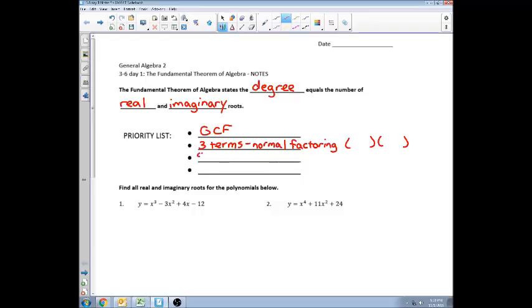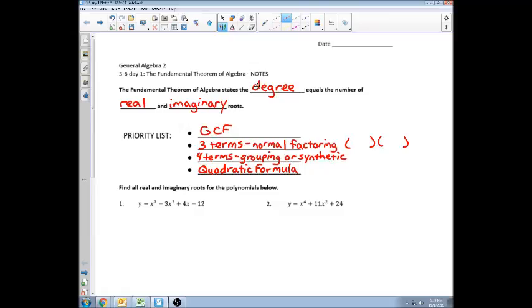If we have 4 terms, we will use grouping or synthetic division. And lastly, if we need to, we use the quadratic formula.